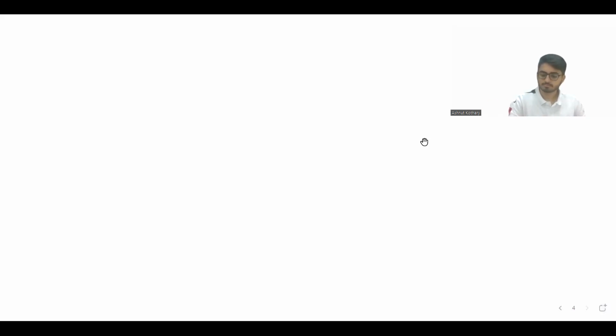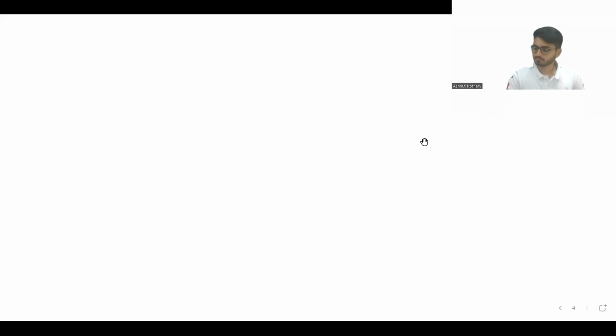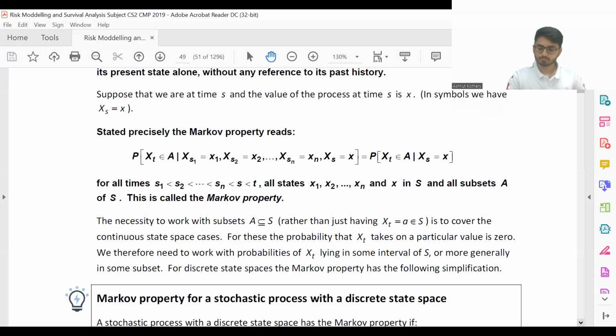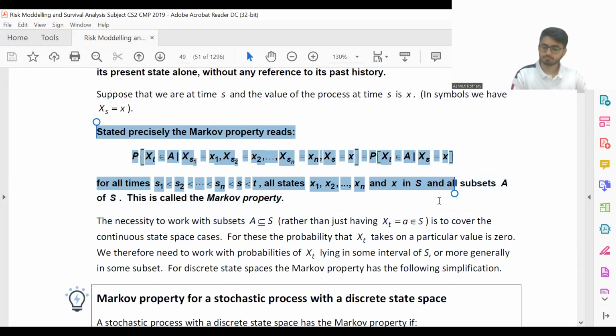Mathematically, take this section till here basically, starting from here.